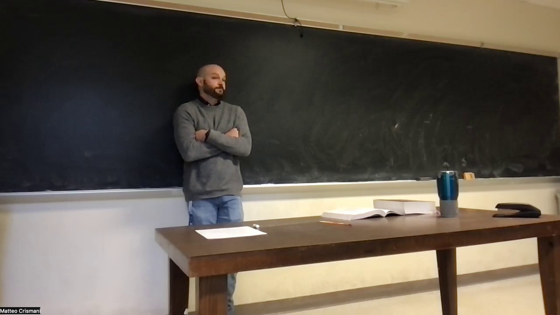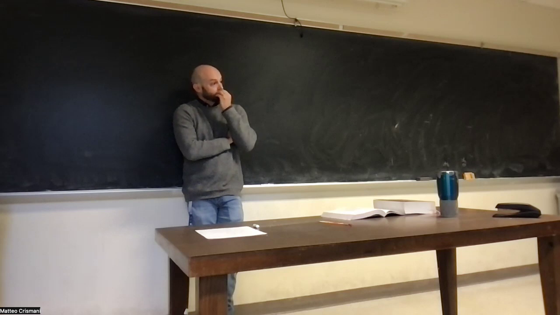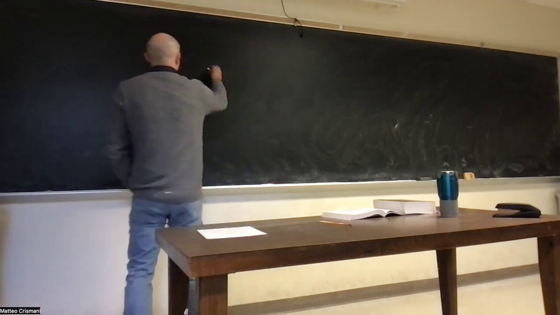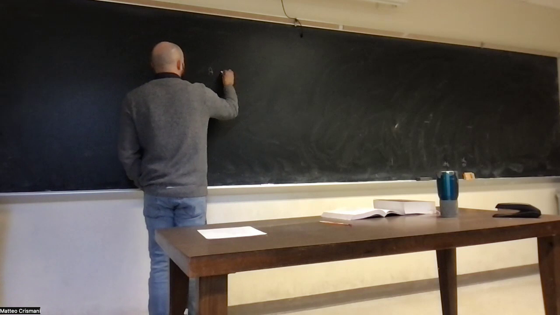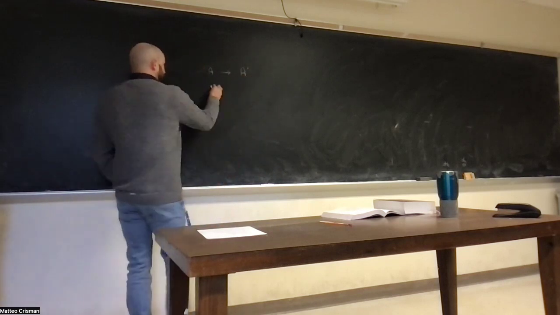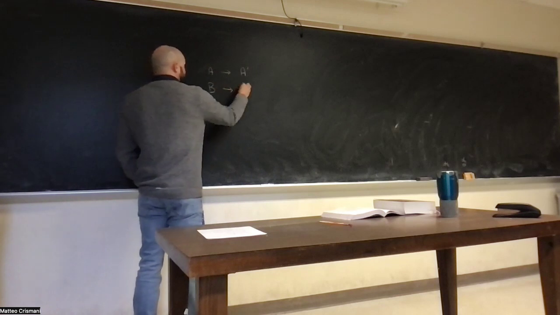Just trying to figure out problem one of the homework, and we'll talk about it. Okay, so problem one of the homework said you have a vector A that goes to A prime. You have a vector B that goes to B prime.